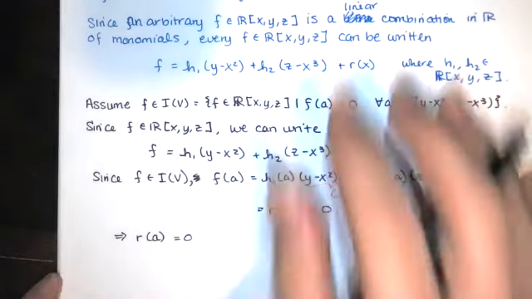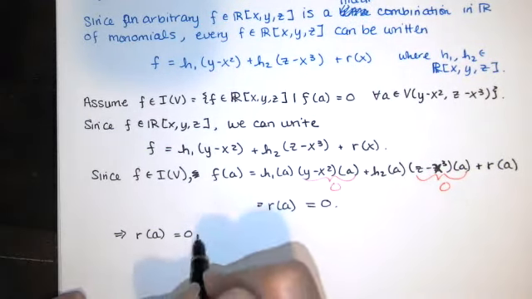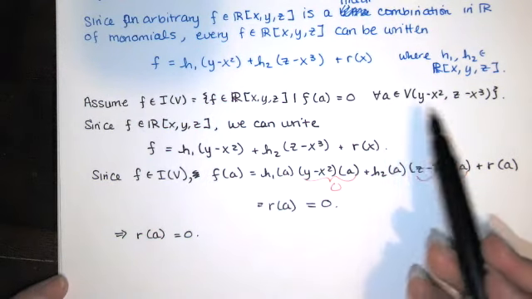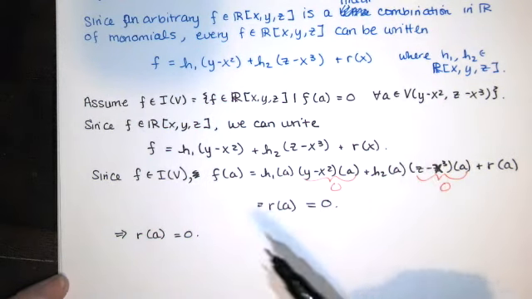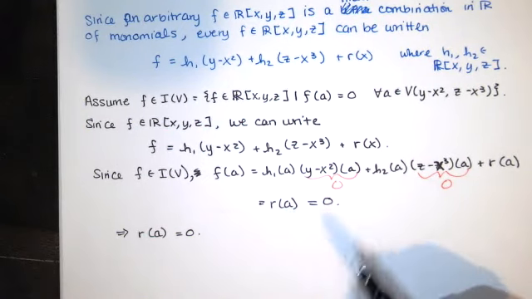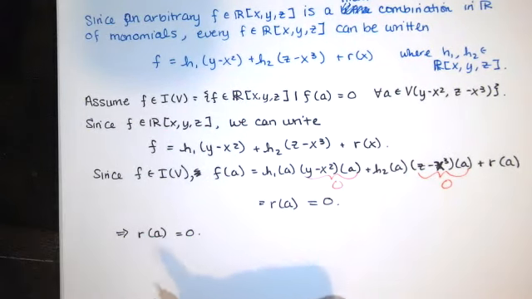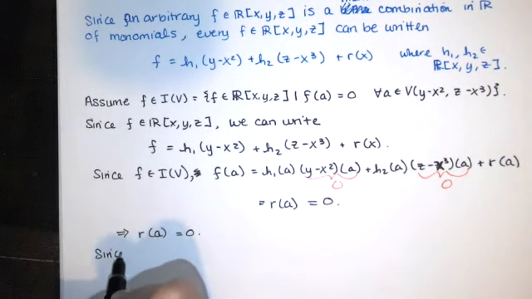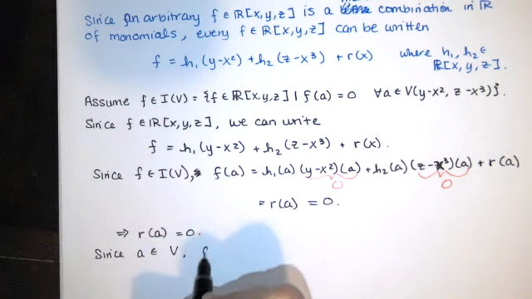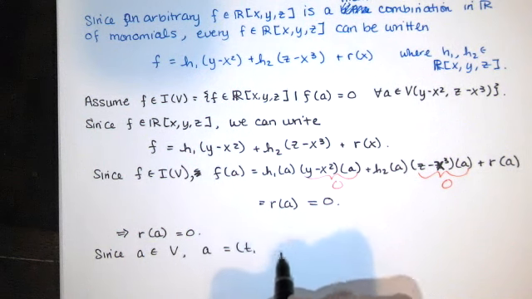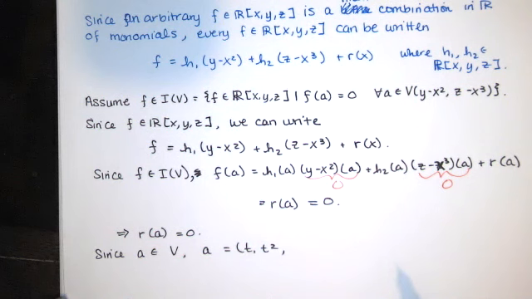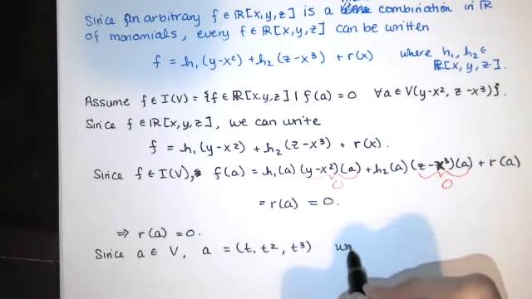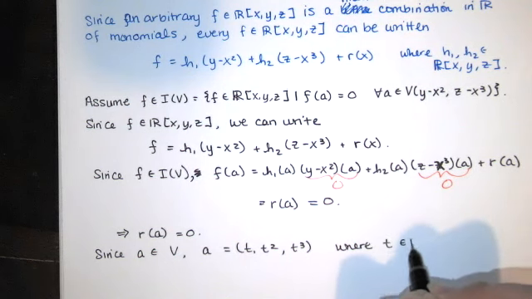But remember, r can be written as a function of x alone. If a is in this affine variety, since we know a parameterization of that affine variety, a can be written this way. So a is the ordered triple given by t, t squared, and t cubed, where t is a real number.